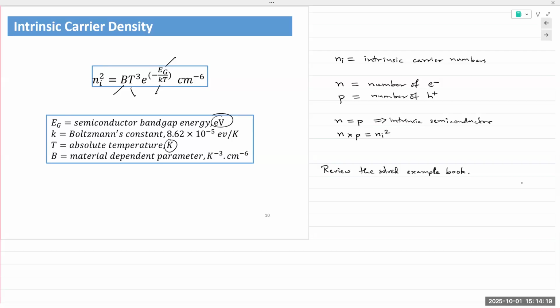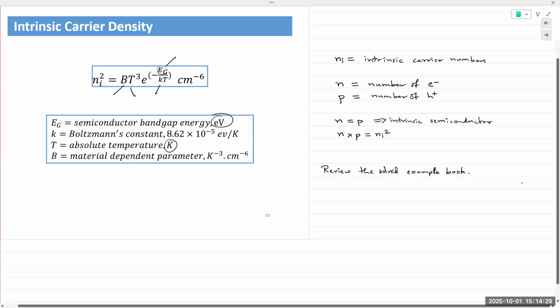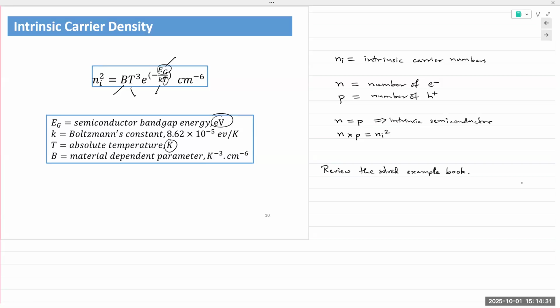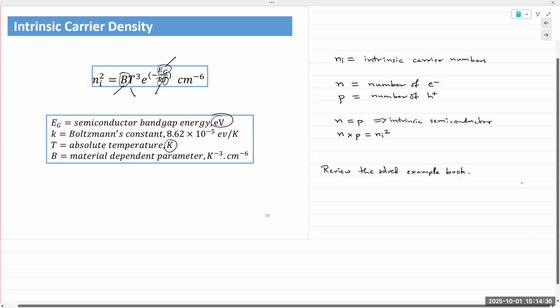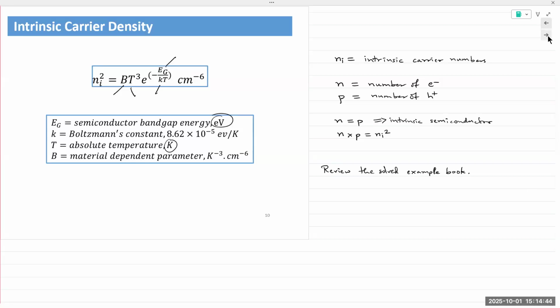If you are asked to calculate the intrinsic carrier density at any given temperature for any given material, simply plug in the values, because Eg is known to us, the T is known to us, K, the Boltzmann's constant, is known to us, and so is the B, the material dependent parameter. So it's simply plug and calculate.